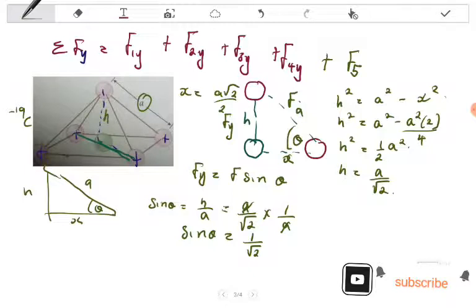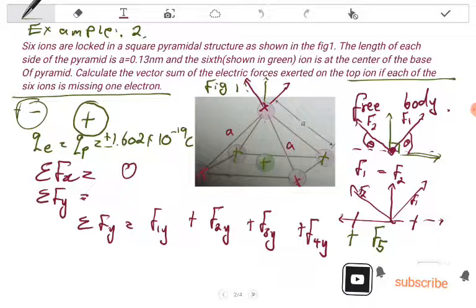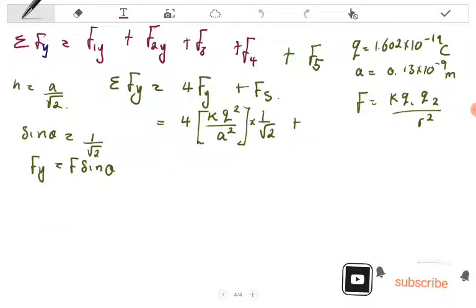We know what h is, so this is k Q squared divided by h squared, which is a squared over 2. So this is what we got.